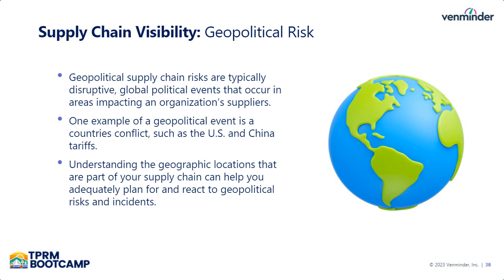An example of a geopolitical event is a country's conflict, such as the U.S. and China tariffs, or shifting trade relations, sovereign debt exposures, critical mineral competitions. Really understanding the geographic locations that are part of your supply chain can help you adequately plan for and react to geopolitical risks and incidents. So really understanding the geography of things is the first start in addressing the geopolitical risk.